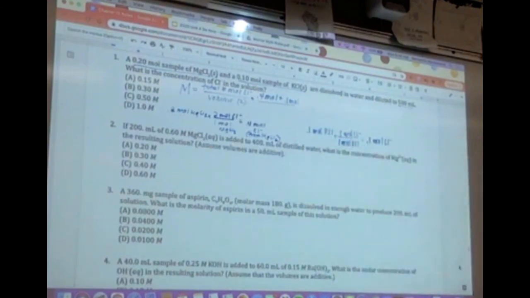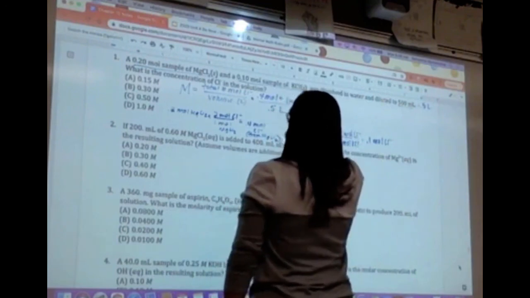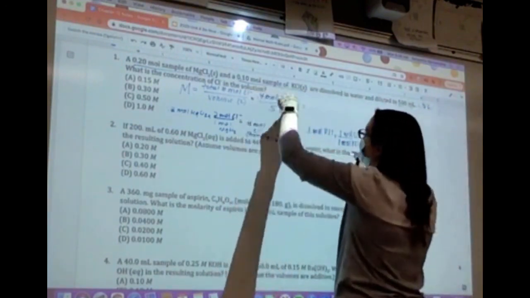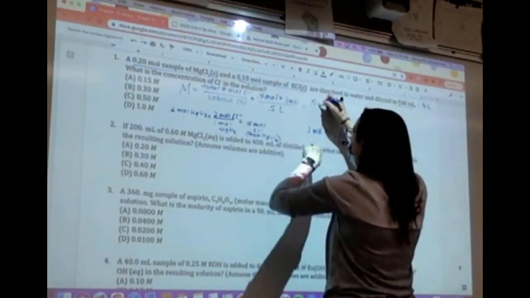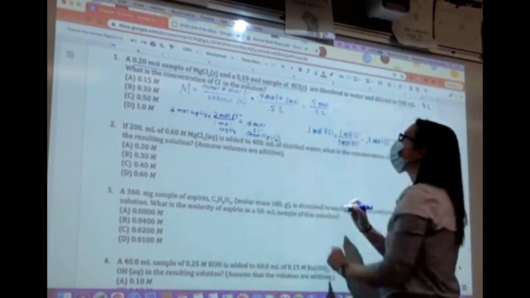So my total number of moles needs to be divided by the volume in liters. Right? Molarity is moles per liter. 500 milliliters is 0.5 liters. So again, without a calculator, 0.4 plus 0.1 is 0.5, divided by 0.5 liters.